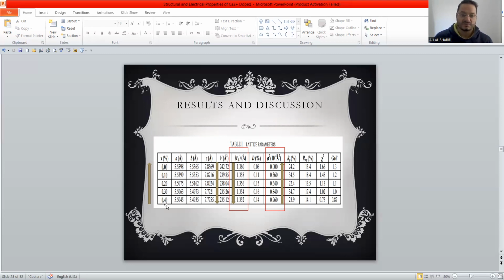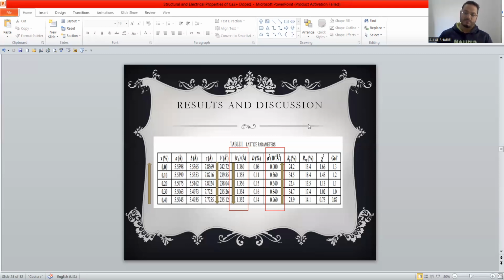Going from 10 until 40, we will note the average ionic radius decreases slightly and continuously from 1.36 to 1.35.